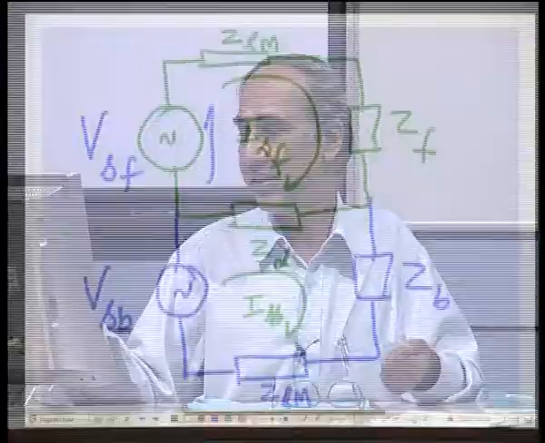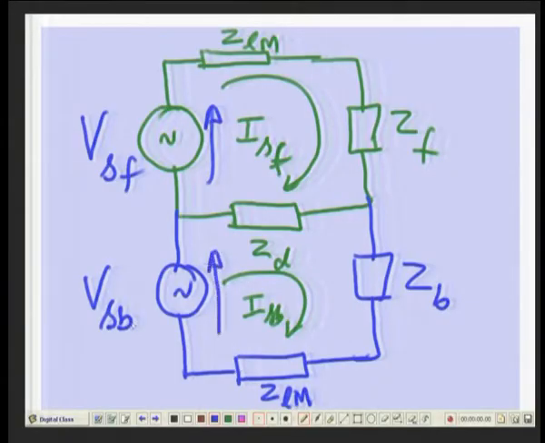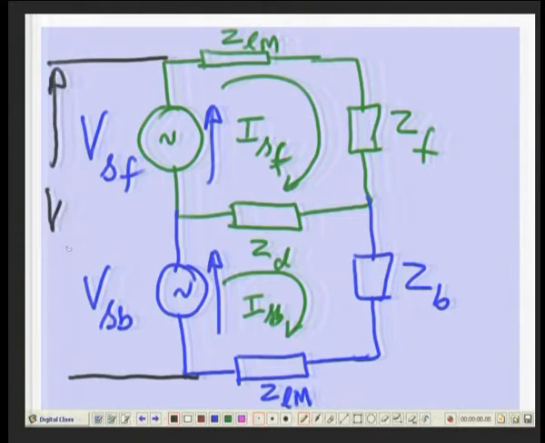Now, what is VSF plus VSB? The sum of these two voltages is nothing but the voltage at the main winding.